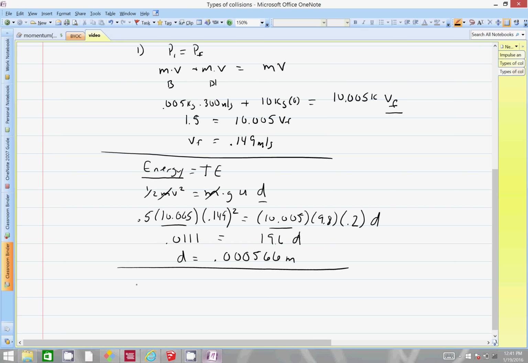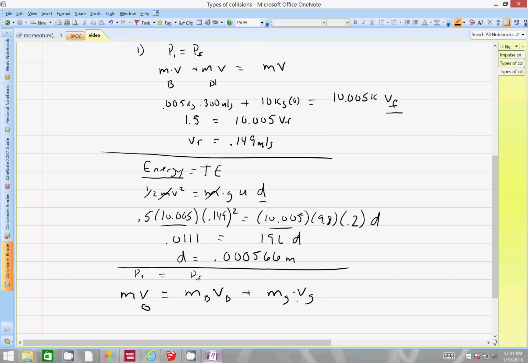So momentum initial equals momentum final. The whole mass of the object times the velocity of the initial object, and again, it has no velocity, so it doesn't matter there. Final is the mass of the bullet times the velocity of the bullet plus the mass of the gun times the velocity of the gun.